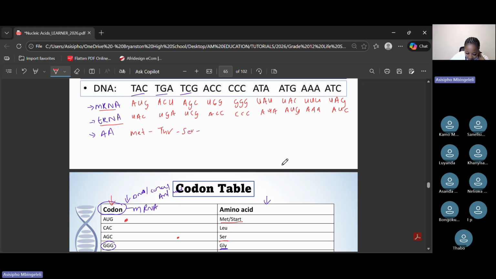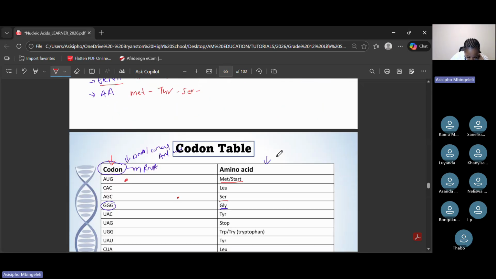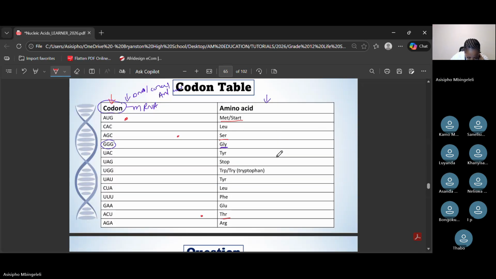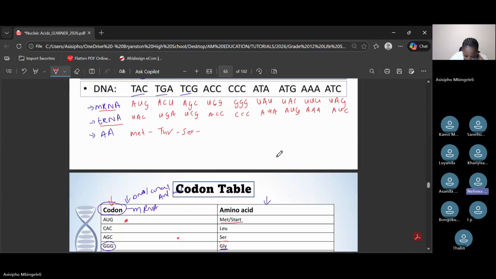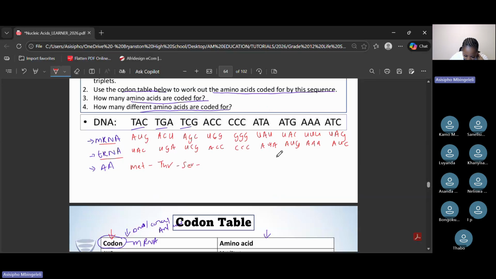Okay, and then the next base, UCG. I'm not seeing it. Let's see. It's TRY. Meaning I made a mistake here. UGG. Sorry, this is my G, not a C. UGG.